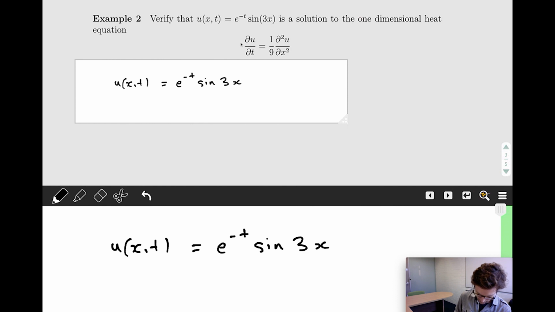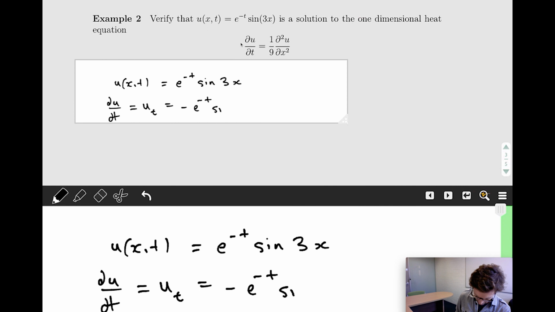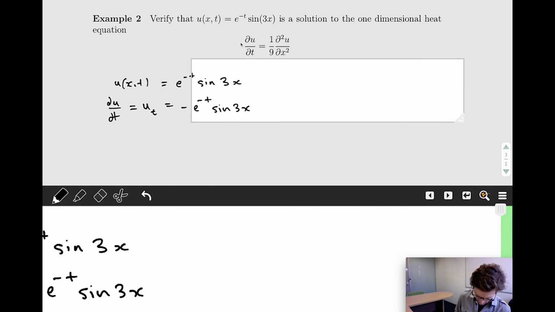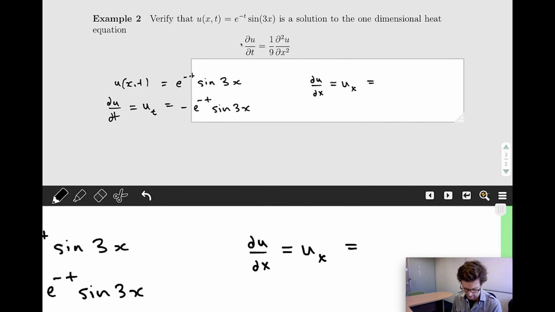I can take the partial derivative with respect to t, using the shorthand notation u subscript t. That's going to give me minus e to the minus t sine 3x. Likewise, I can form the partial derivative with respect to x. Again, I'll use the shorthand notation u subscript x for the partial derivative with respect to x.